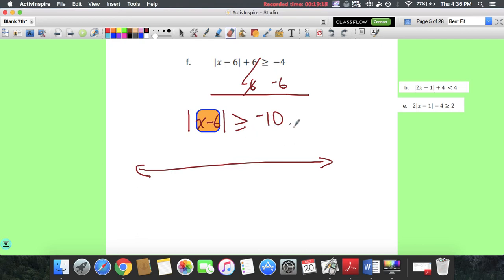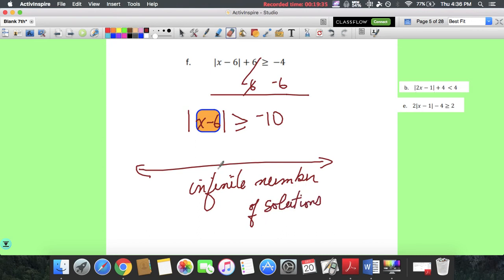It's always going to be greater than negative 10. In fact, it's going to be greater than any negative value. So this one, you have an infinite number of solutions because the absolute value of anything is going to be greater than negative 10. So that's how I leave it.